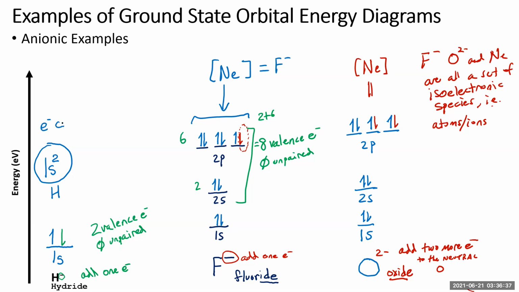Again, the electron configuration is nothing more than a watered down version of the orbital energy diagram. Just because I say that doesn't mean I don't want you to understand it. I do want you to be able to understand and even write electron configurations. There will be times when it's helpful, but orbital energy diagrams are really where it's at in terms of visually seeing the relationship of energy and unpaired electrons in an atom.